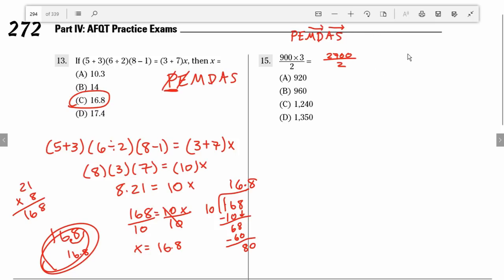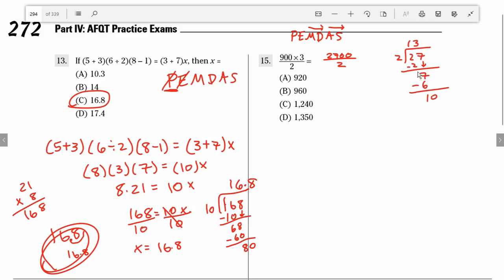If you want to, you can think about it this way. 27 divided by 2. 2 goes into 2 one time. 2 times 1 is 2. Subtract, that becomes 0. You drop down your 7. 2 goes into 7 3 times without going over. 2 times 3 is 6. Subtract. This becomes 7 minus 6, which is 1.